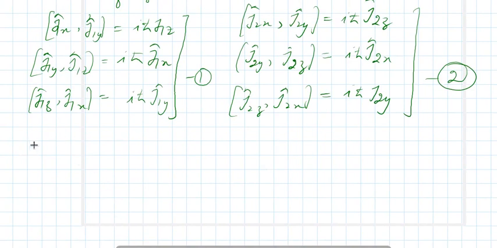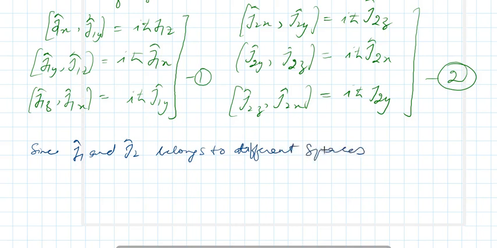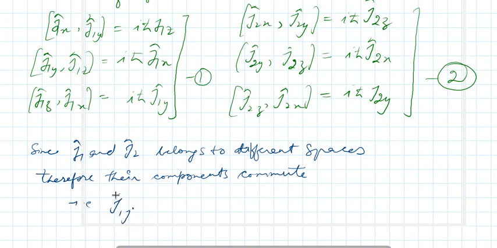Since J1 and J2 belong to different spaces, therefore their components commute, that is, J1j and J2k.